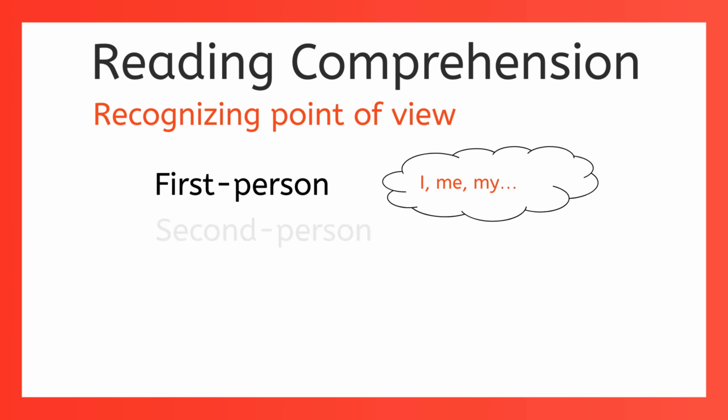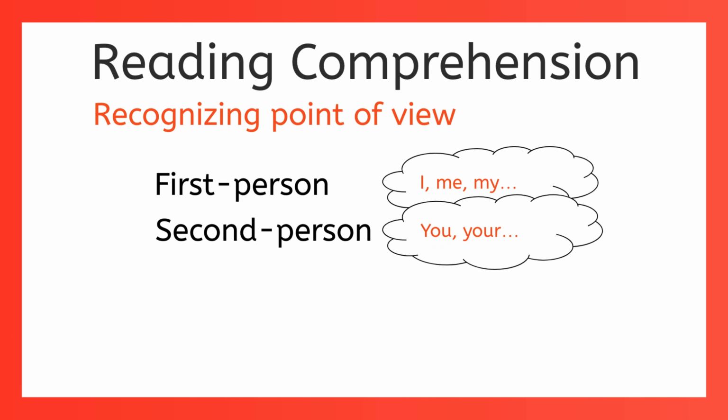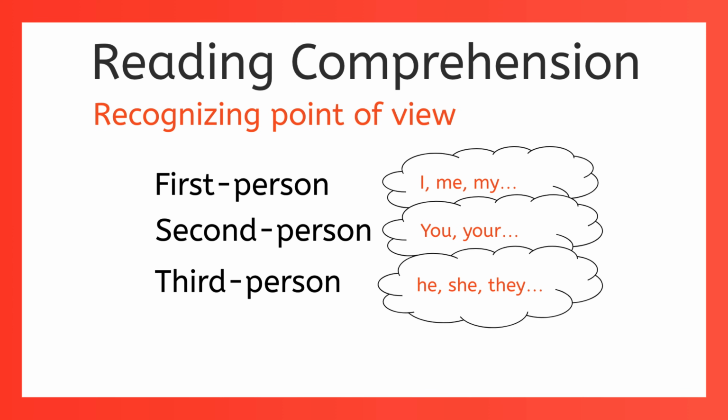Then there's second-person point of view, which means the author is addressing the reader with pronouns like you and your, like in a recipe that says, now you need to add your dry ingredients. And finally, there's third-person point of view, which means an outside voice is telling the story or information. You'll find pronouns like he, she, and they in third-person point of view, but the authors or narrators will not use pronouns to refer to themselves or the reader.